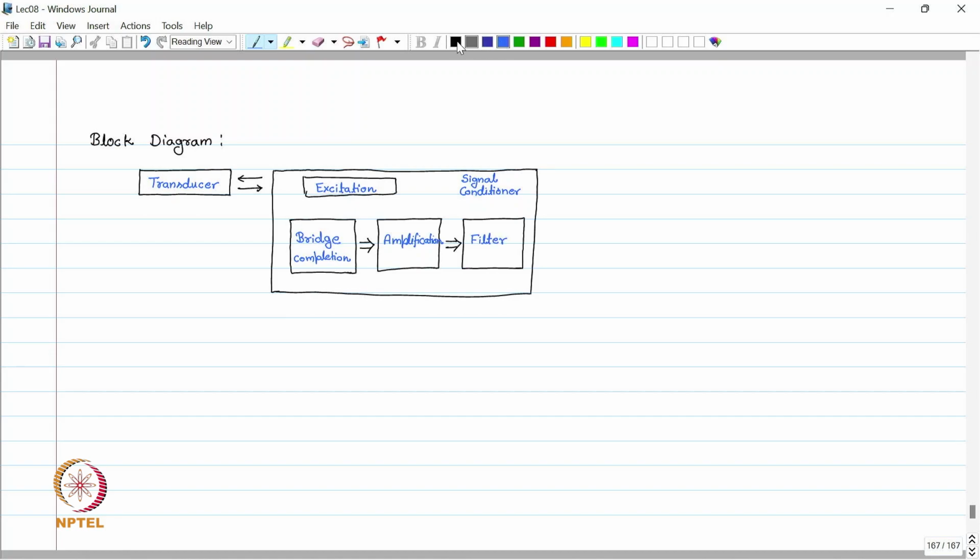So this is the signal conditioning unit. It processes the data and sends it to the next unit, which is the data acquisition unit.